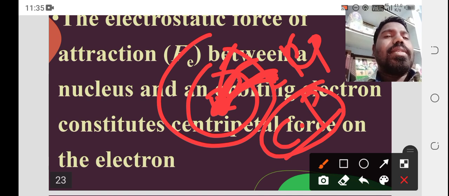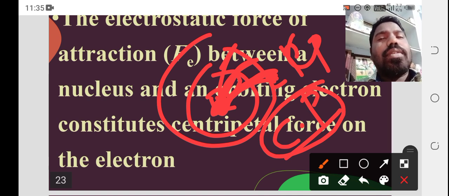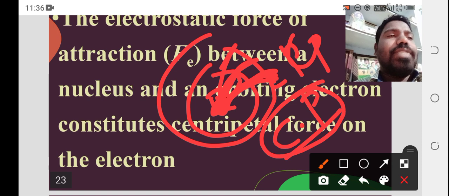So what is that? Centripetal force. The force between electron and nucleus is considered as electrostatic force. Because of the electrostatic force, the electron is constantly revolving around the nucleus. If there is no electrostatic force, the electron won't revolve in a proper way around a nucleus.